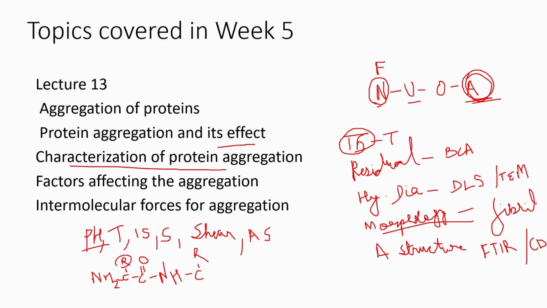These R groups can be positively charged, negatively charged, etc. And depending on the changes in the pH, they can gain more ions or lose ions. That will change the overall charge on the surface of the protein, and it might lead to protein aggregation. Similarly, temperature, ionic strength, shear, solubility, adsorption surface also affect the aggregation of the protein.